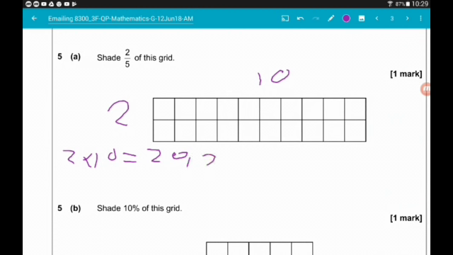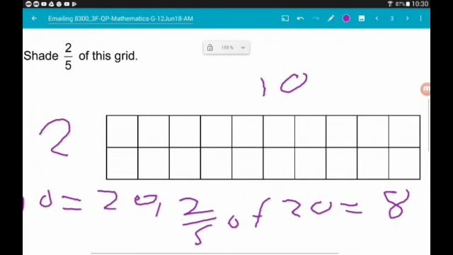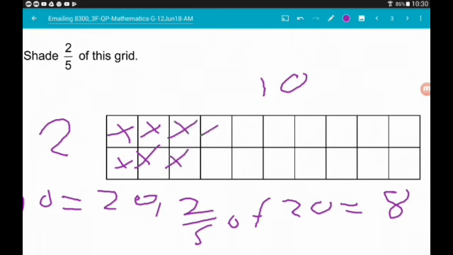So we then need to shade 2/5 of 20. 1/5 is 20 divided by 5, which is 4. 2/5 is 2 times 4, which is 8. I'm not going to colour in, I'm going to put little crosses. So we've got 1, 2, 3, 4, 5, 6, 7, 8.